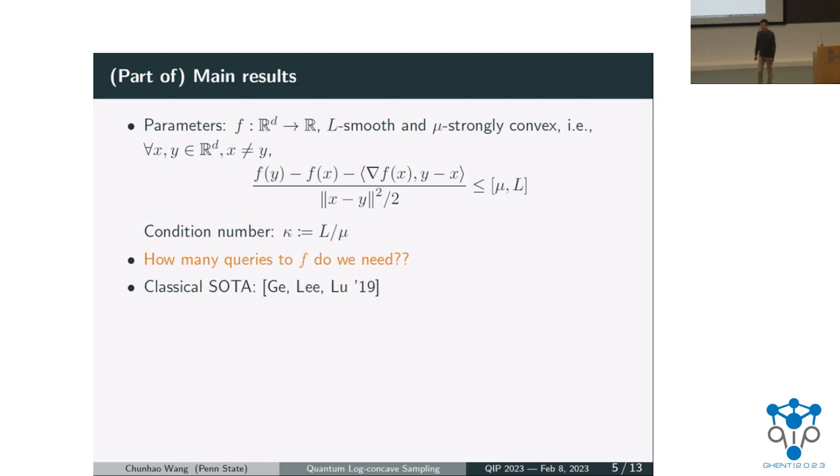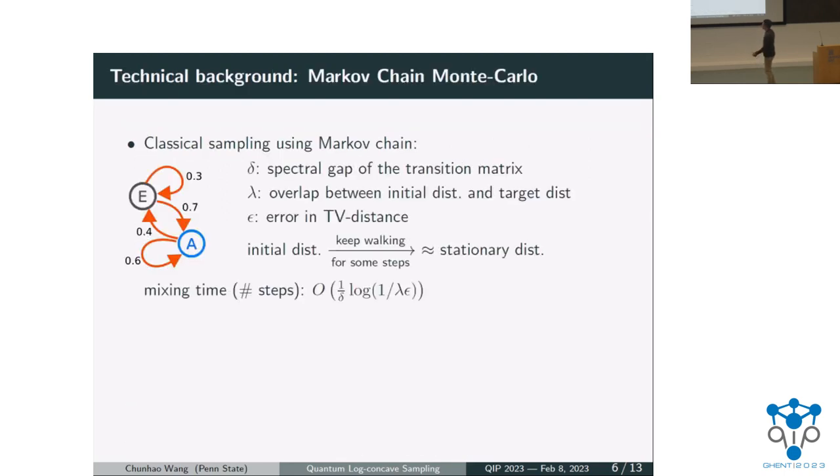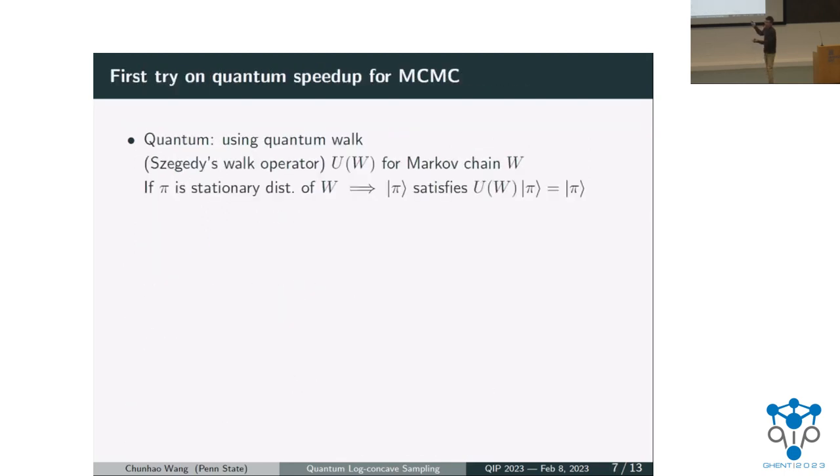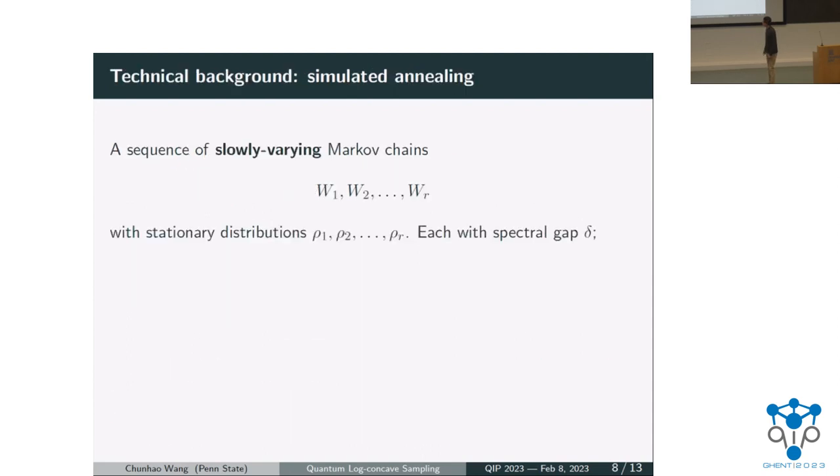Are the algorithms you're presenting for sampling somehow analogous? It's similar to estimating a normalizing constant, which has a telescoping product, and we estimate each ratio and multiply them together. It's in this way. Okay, thank you.